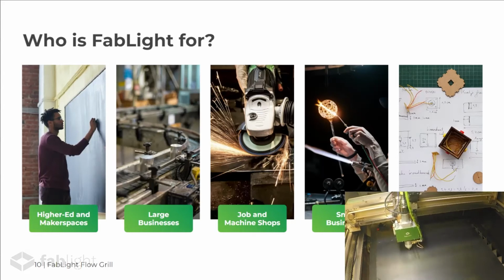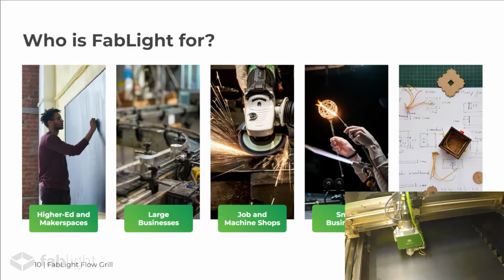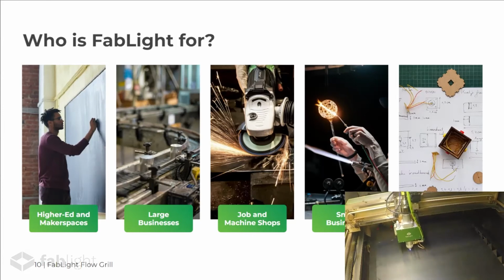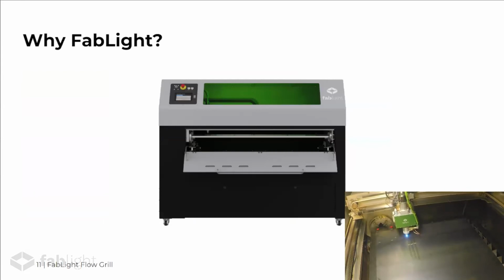They can be found on production lines for large and small businesses that want to stop outsourcing that work, and in job and machine shops with tight working areas that want high repeatability with a quick return on that investment. And even in R&D and prototyping teams that want faster iteration times and prototype parts that feel like finished goods. So why do they choose us?